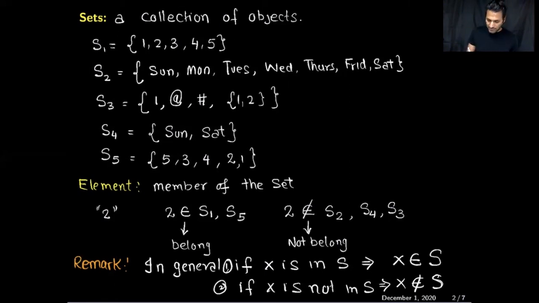So this is the notational form when we write in a journal, for when an element is in the set, or when the element is not in the set. This is how we write in mathematical notation.